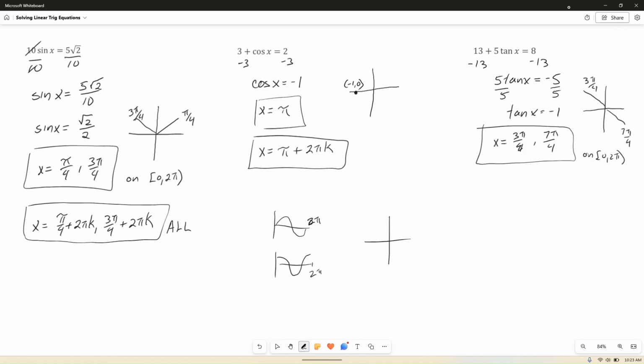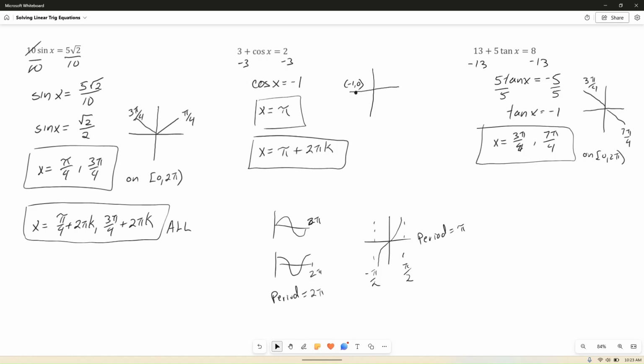Our default or standard period for tangent was from negative pi over 2 to positive pi over 2. Right? Our graph looked kind of like that. And so this has a length of just pi. So our period for tangent was pi, whereas the period for sine and cosine was 2 pi.